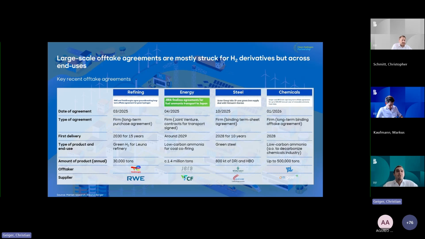Secondly, the energy use case I just mentioned, the Japanese case, for 1.4 million tons, with JERA as the offtaker, really driving the statistics we just looked at. Then also steel, with an Indian player and a large-scale offtake agreement for 800,000 tons, and lastly the chemical sector, where Uniper signed with an Indian supplier this year.